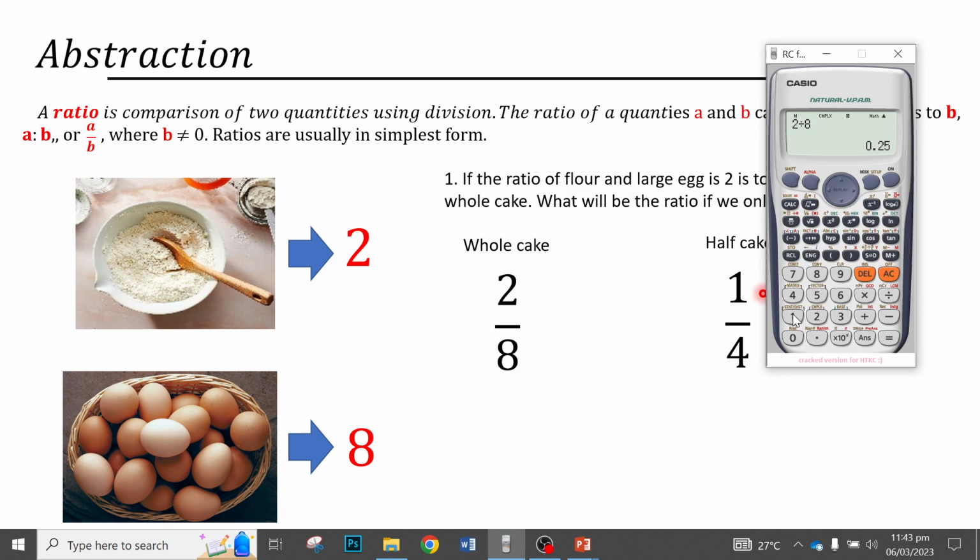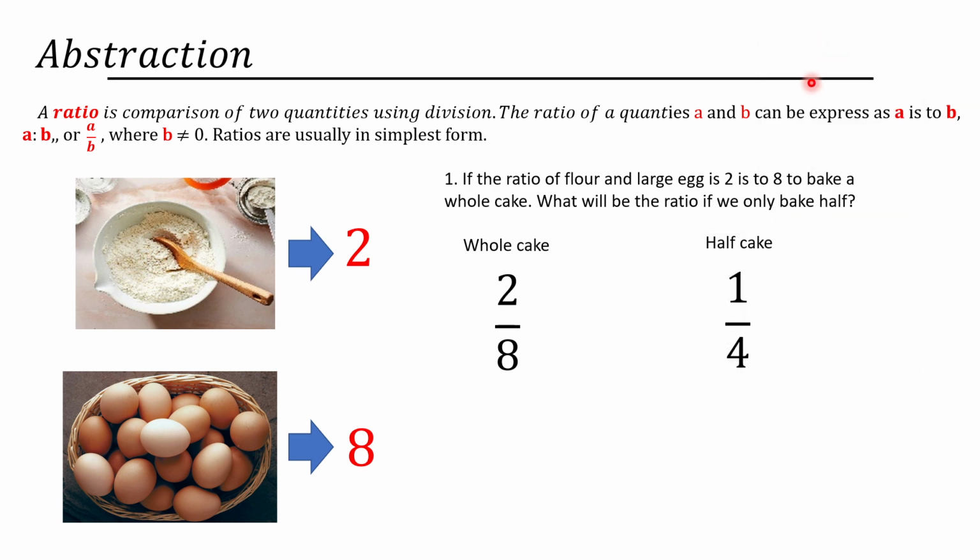How about 1/4? 1 divided by 4, again, that is equal to 0.25. What does it mean? Meaning, itong ratio na to at itong ratio na to, they are equal. So, anong meron if two ratios are equal? So, yun yung pag-uusapan natin next.